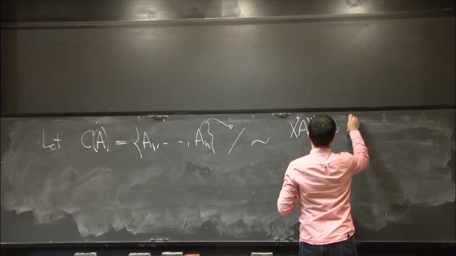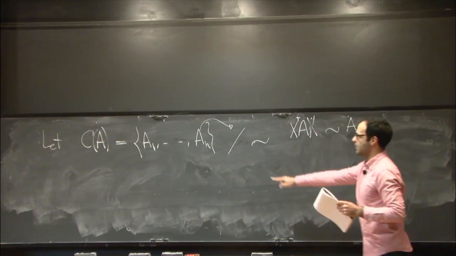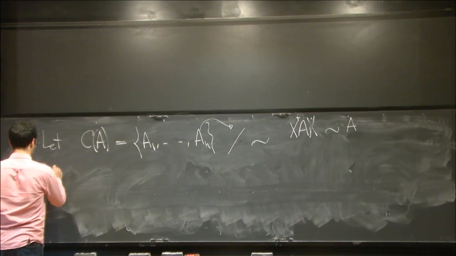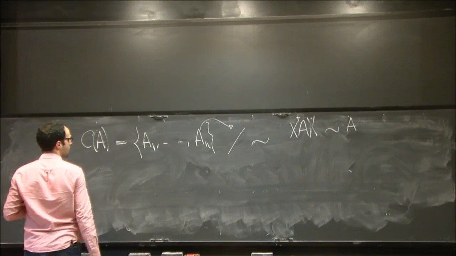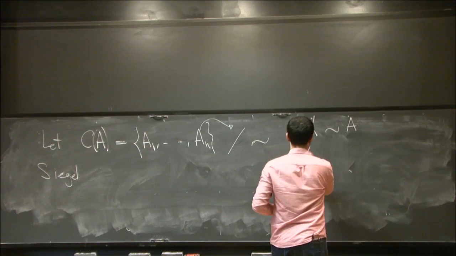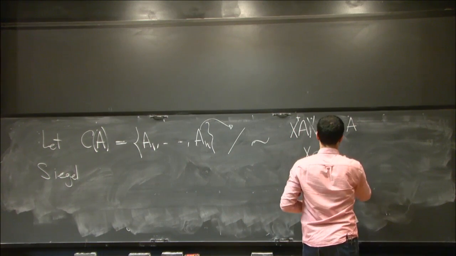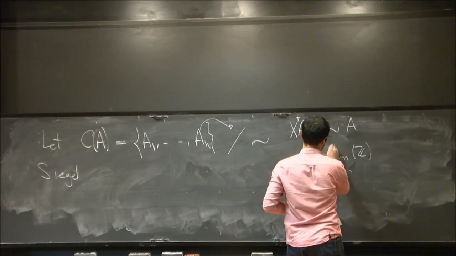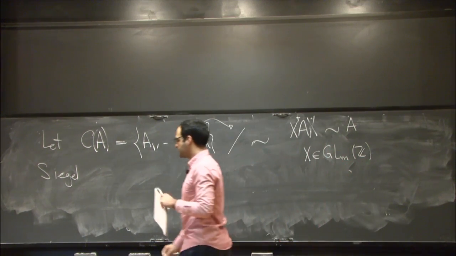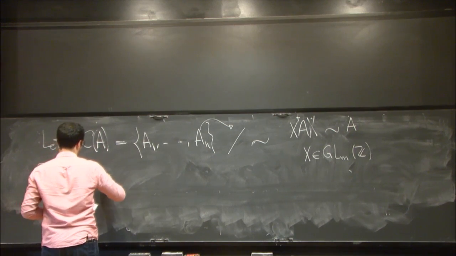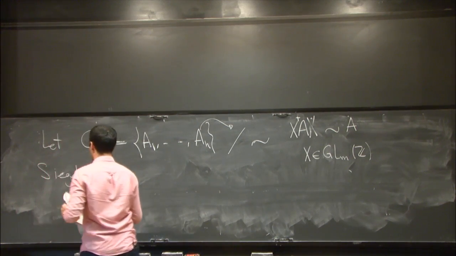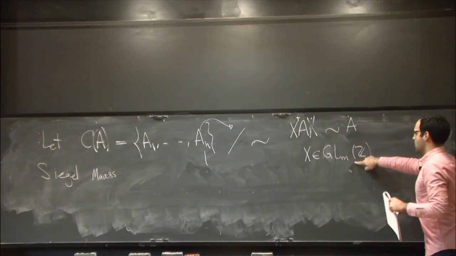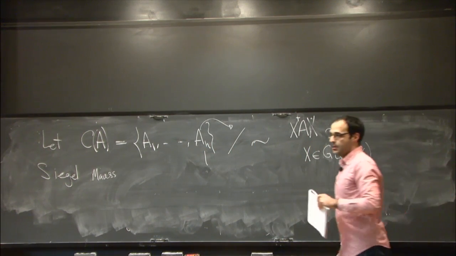So this is the equivalence relation. This is going to be a finite set. And X is in GL_m(Z). These are integrally, locally equivalent forms, not globally equivalent. Yes, these are the classes up to this relation.